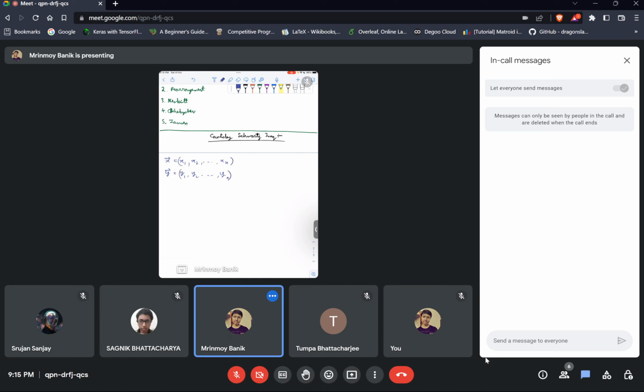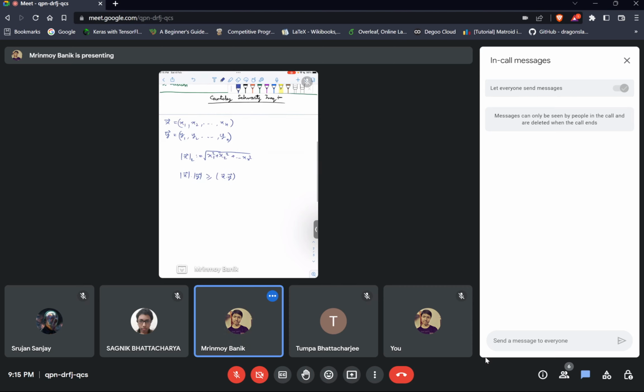You can take the norm. The L2 norm of a vector is defined as the sum of the squares and the square root of that. So you can take the product of the two norms. This is greater than or equal to the dot product. No, sorry, I guess not squared, right?